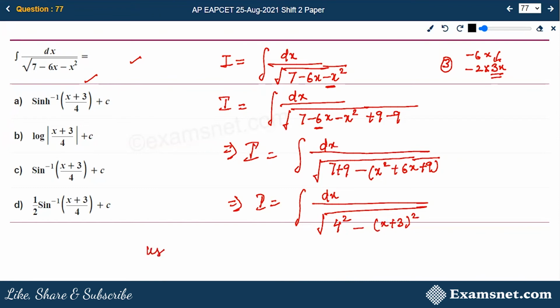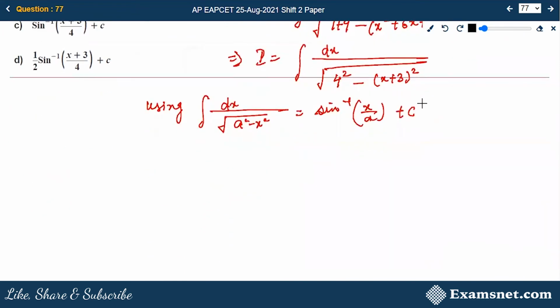Now using integral dx upon a square minus x square is equal to sine inverse x upon a plus c, I will solve this. This is equal to sine inverse of x plus 3 upon 4 plus c.